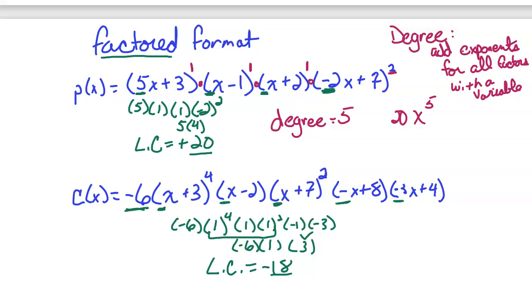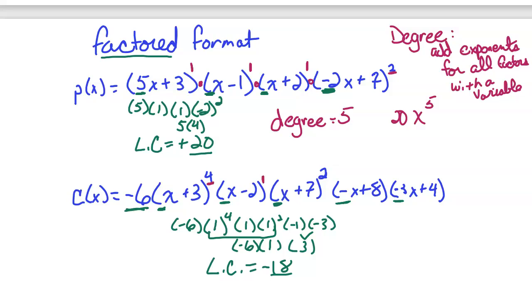Now, whenever I multiply these out, does this factor have an x or a variable? No, it's just got a number. So I don't need to add the exponent for this one. Does this factor have a variable? Yes. So I need to take that exponent. Does this factor have a variable?